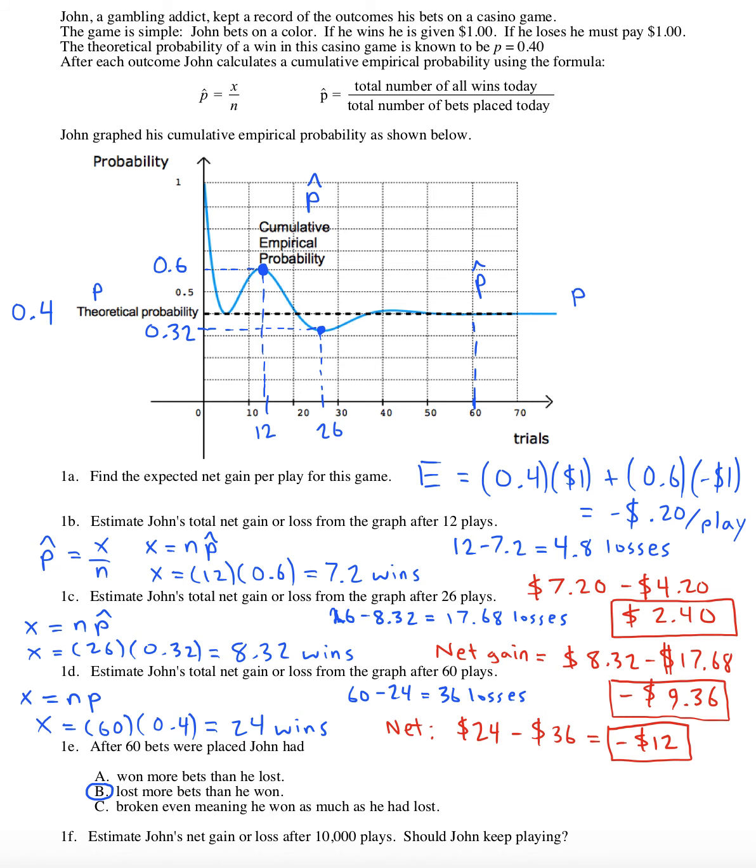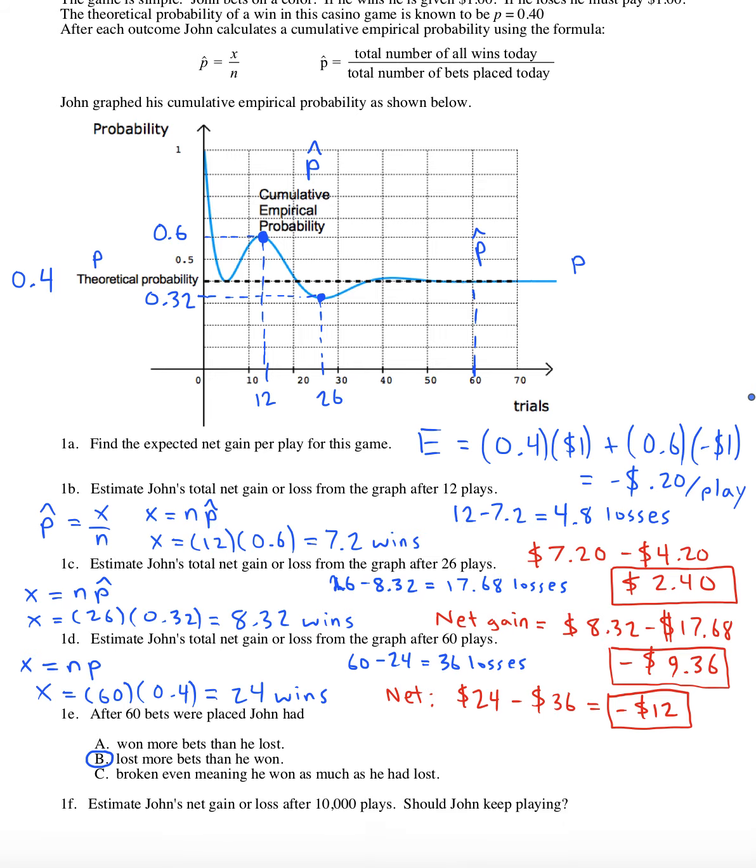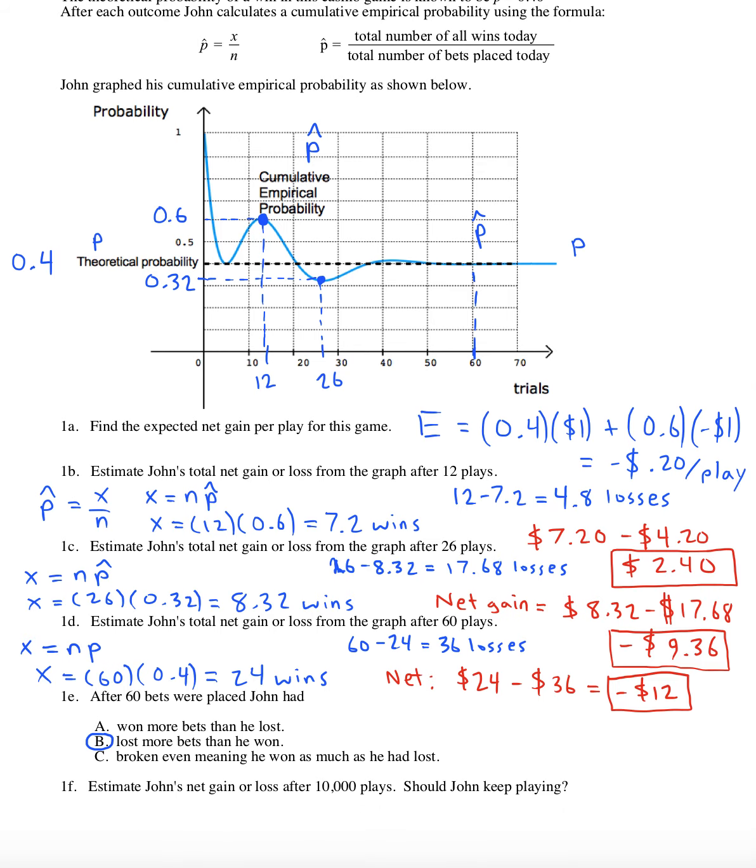Now, what if he were to go farther and play 10,000 times? It's conceivable that he could over his whole lifetime, perhaps. What would the calculation look like then? Well, if he plays 10,000 times, then we might as well assume that the p hat is P, because that is a huge number of trials.